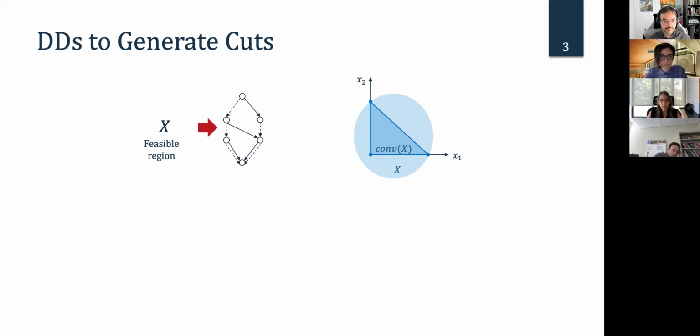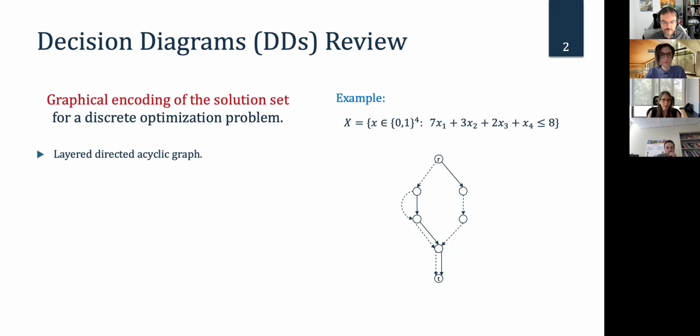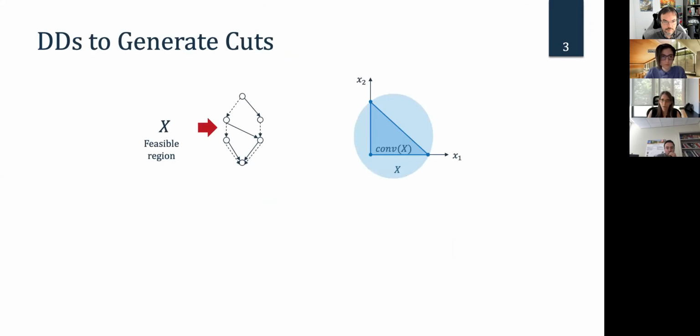So what we're going to do is transform this feasible region X into a decision diagram. We're going to model all the integer solutions using a decision diagram, and then use the decision diagram to generate cuts. One way to do this is a cutting plane algorithm. We solve the continuous relaxation, we get a point, and we give this point to the decision diagram.